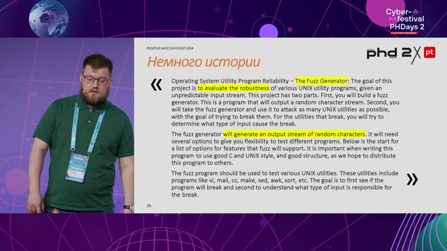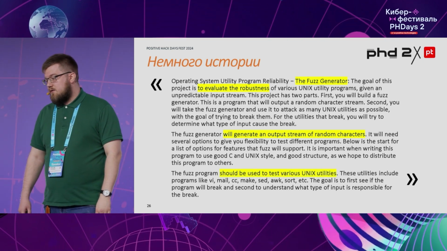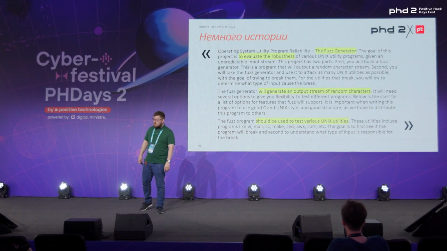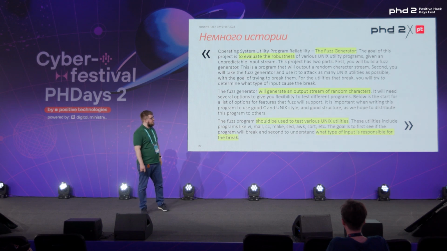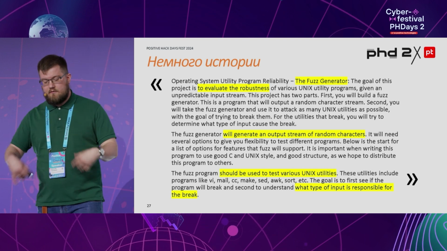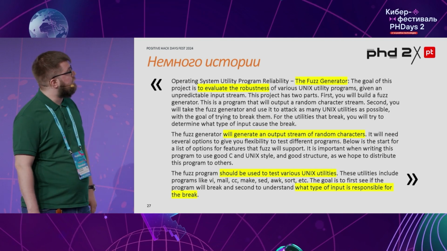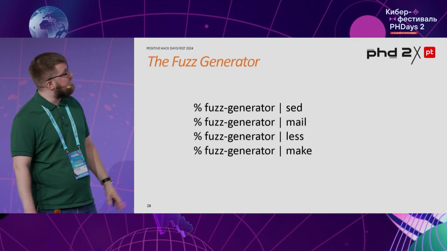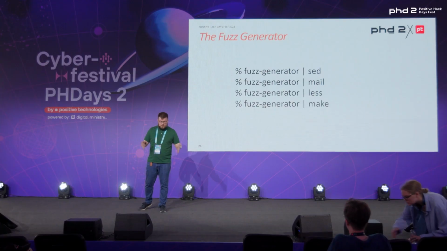We generate an output stream of random characters, and we use it to test various utilities like make, set, sort, etc. And if there is a failure, we would like to see what type of input was responsible for the failure. So that's the background of fuzzers, and probably this is how you could have generated this algorithm.